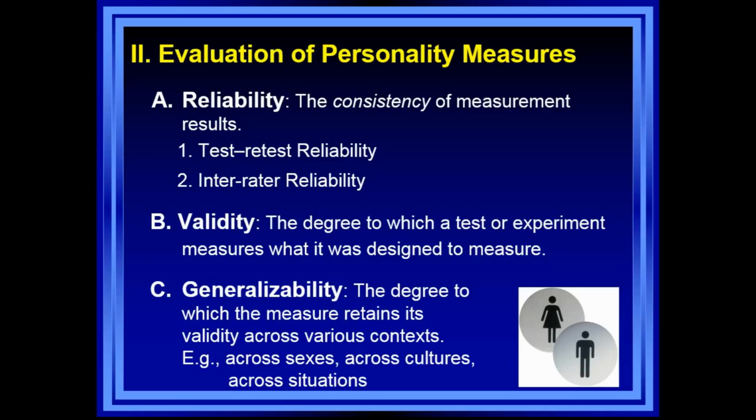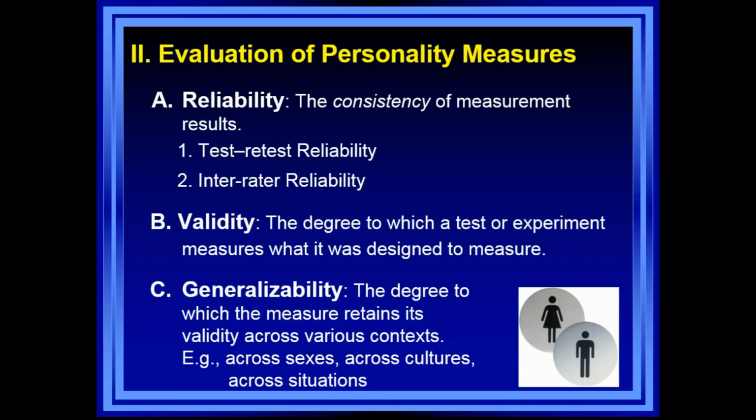If you repeat the measurement over time and the results are similar, then the measure is said to have test-retest reliability. Like if a person takes an assessment and they score very high in extroversion, being outgoing, and then they take it a month later, they take another assessment, and again they're really high, you would say that that measure is showing strong test-retest reliability.